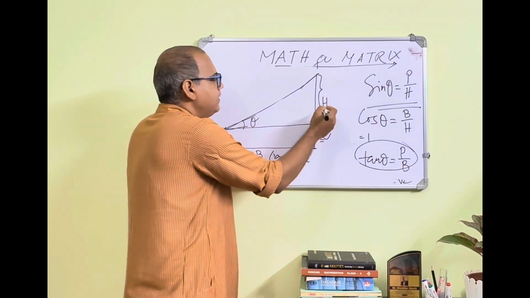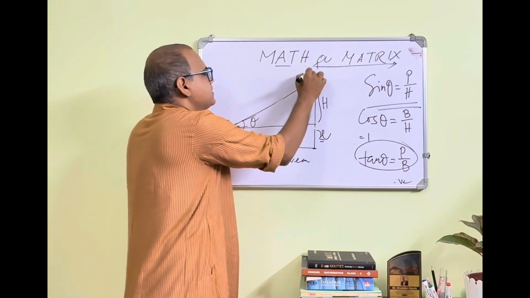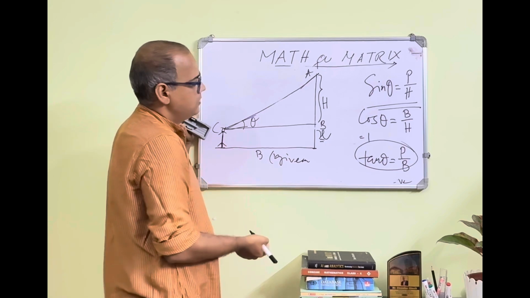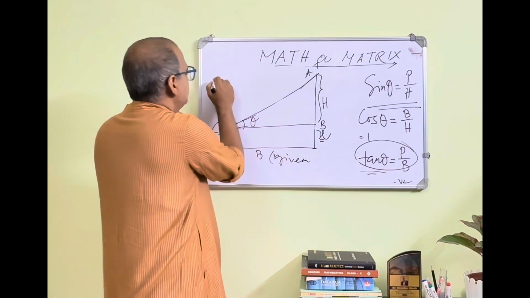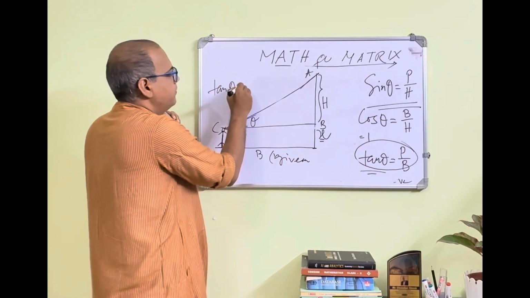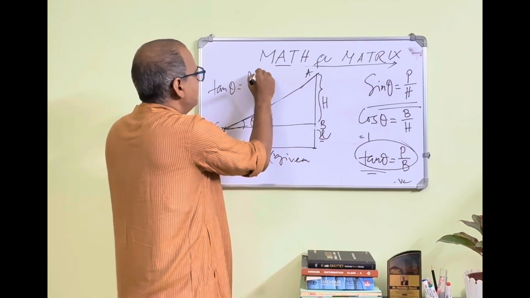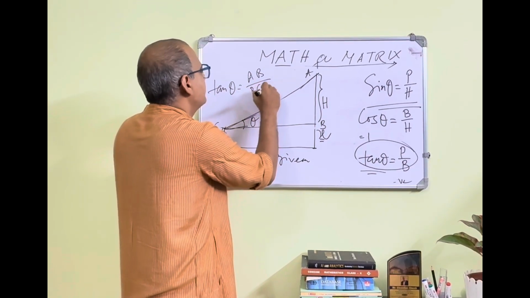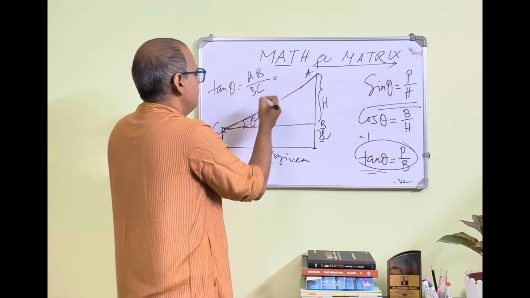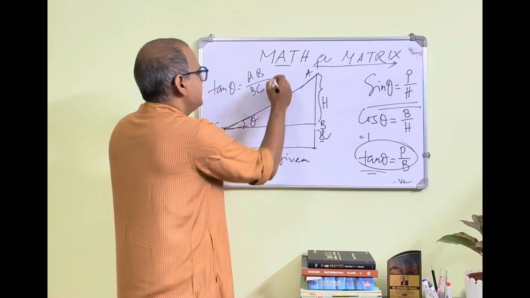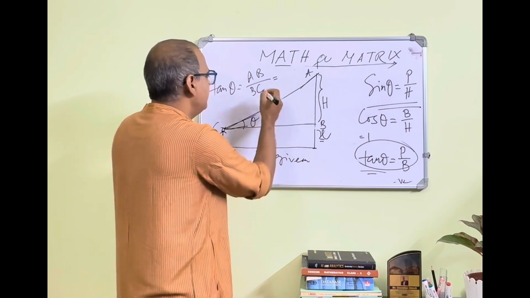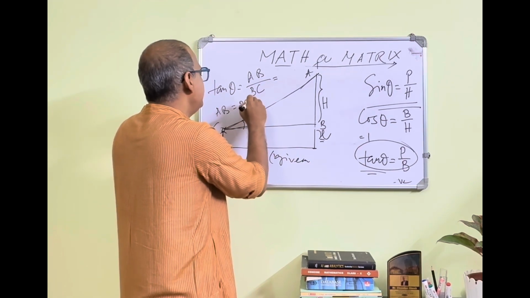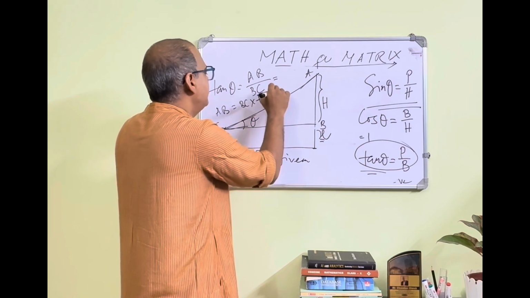Simply, let me name this as ABC. I need to find AB. So I can simply use tan theta, which is AB by BC. BC is given, so I can find AB equals BC into tan theta.